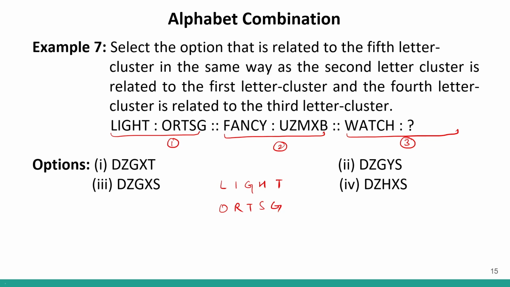Let me write the opposite letters for you. A, B, C, D, E, F, G, H, I, J, K, L, M. Then N, O, P, Q, R, S, T, U, V, W, X, Y, and Z. These are your opposite letters.